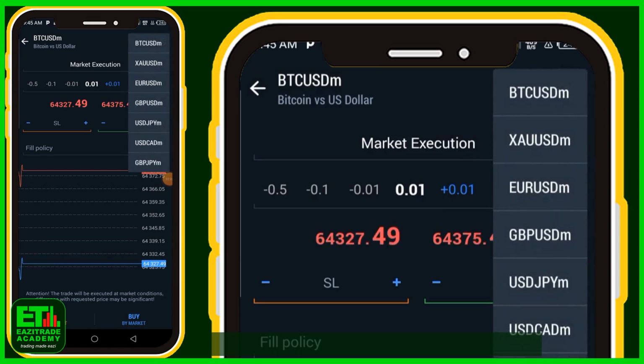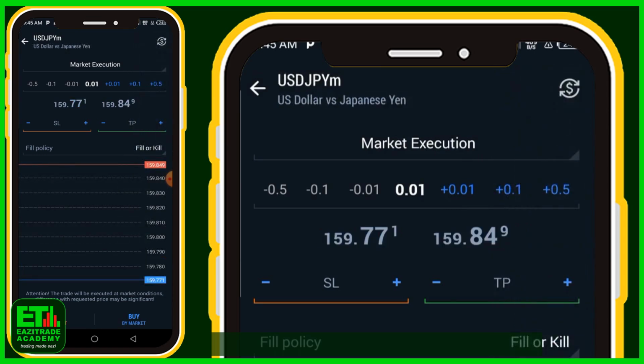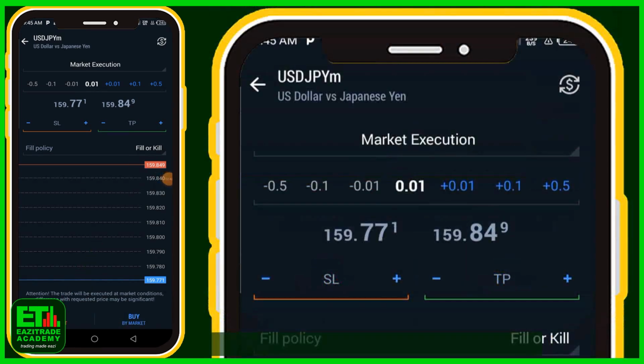Change the currency towards USD JPY. Right? As seen in the signal group, it stated that sell USD JPY now. That simply means you are to enter at the current sell price. All right. So all you have to do is click this area. So once you click sell, you've entered at the current sell price.